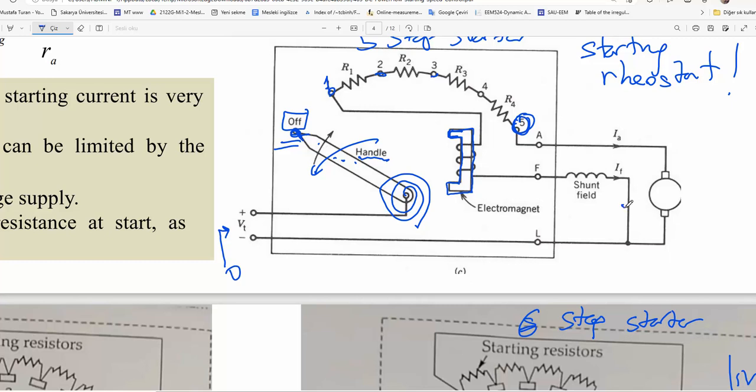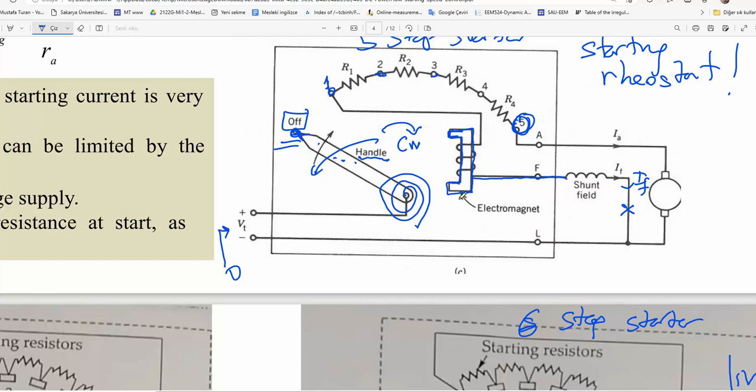In case something is cut here, for example, assume that there is no field current. If there is no field current, there will be no electromagnet current, there will be no locking, or there is nothing to let the handle move in the clockwise direction.